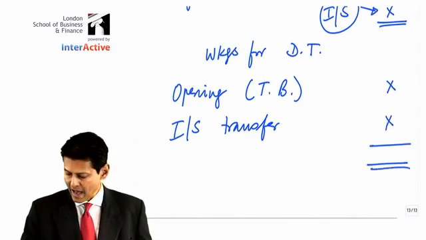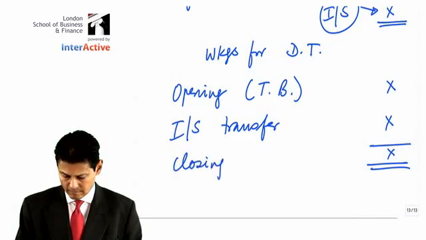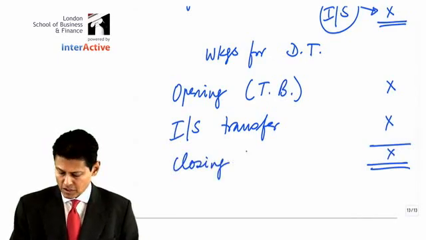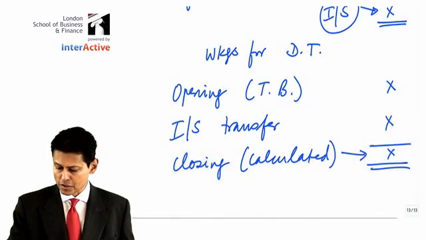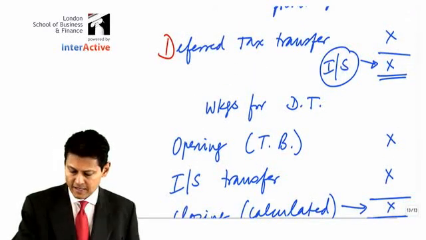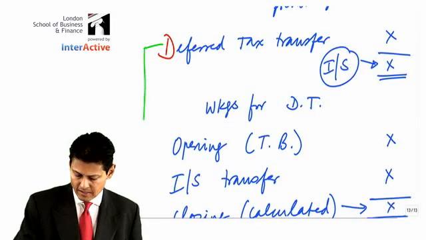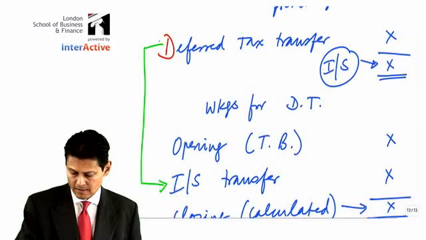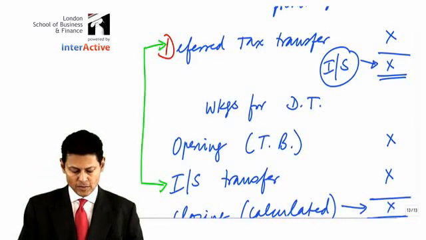And obviously you have your closing balance, which is usually calculated. Crucially, I must indicate that this deferred tax transfer in the income statement is the same as this one. So if that's 120 upstairs, the one lower down will be 120 as well.